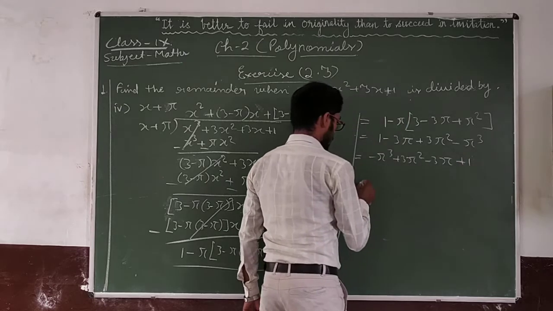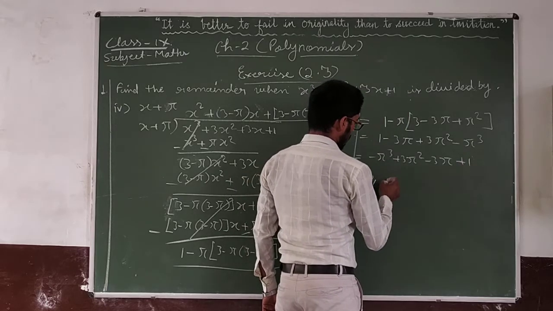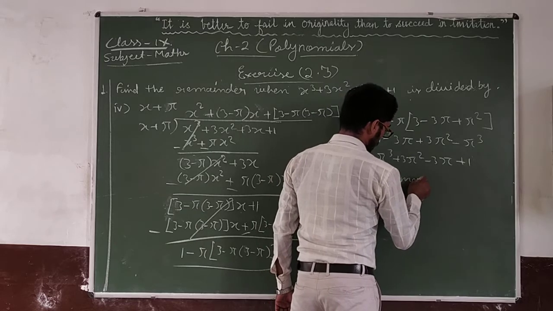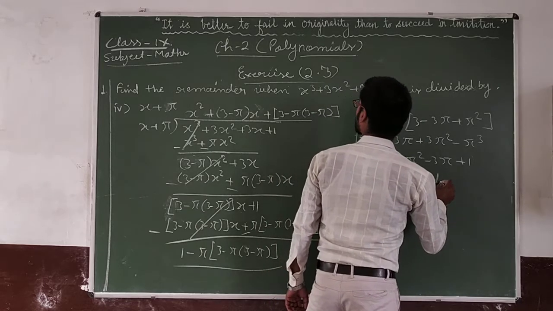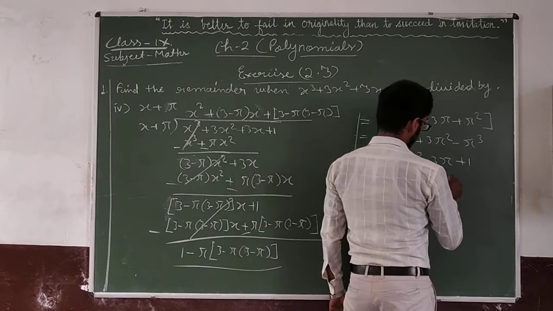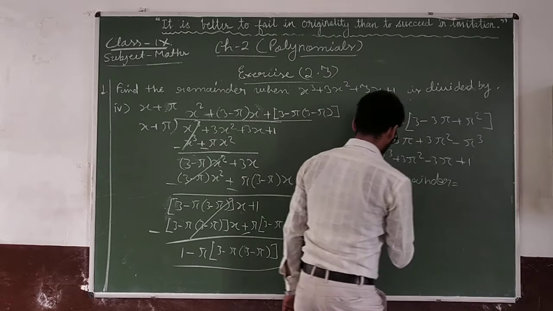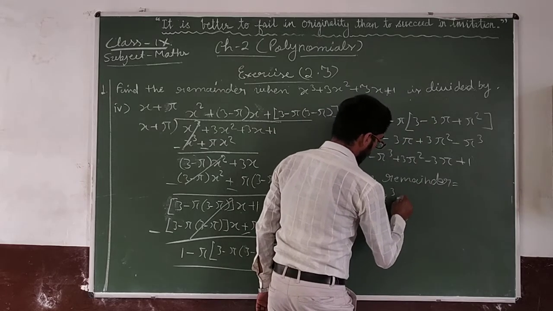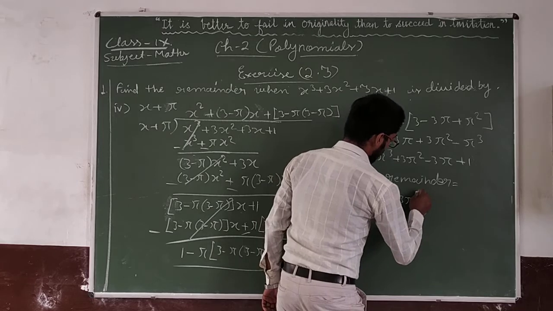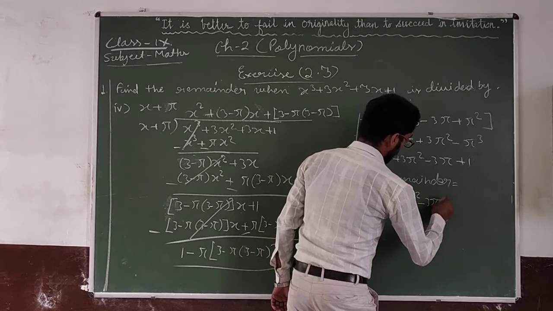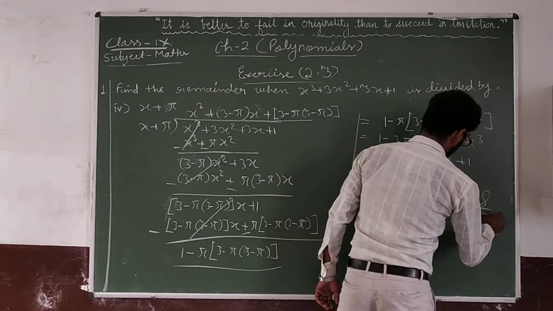That is your answer. So the remainder is equal to minus 125 plus 75 minus 15 plus 1. That is your answer. Okay.